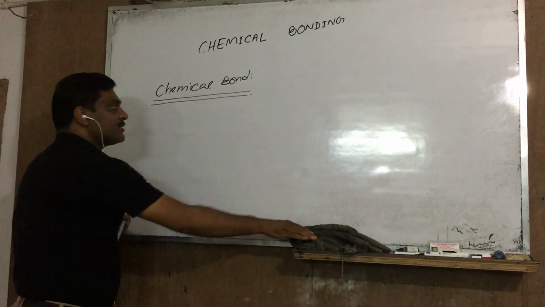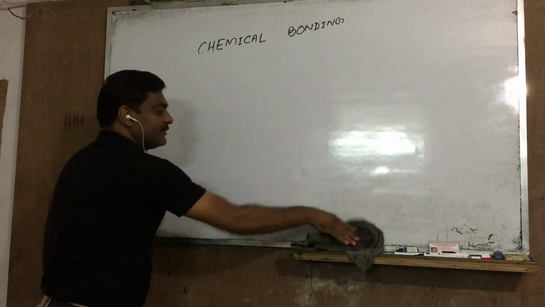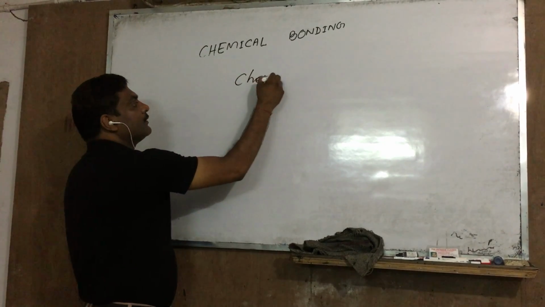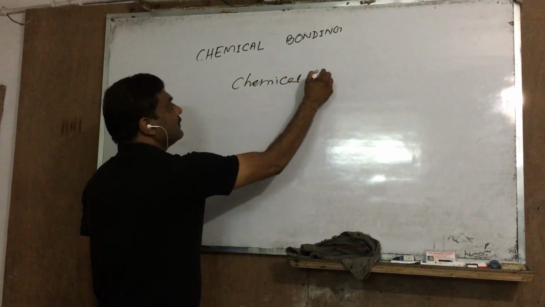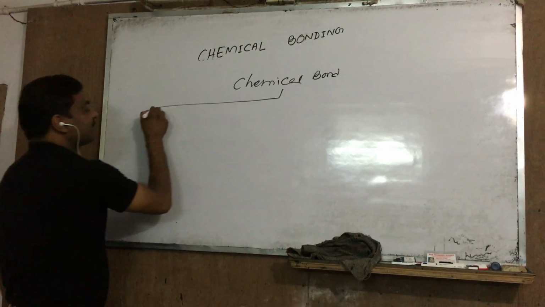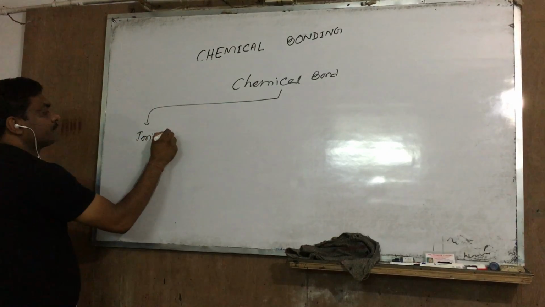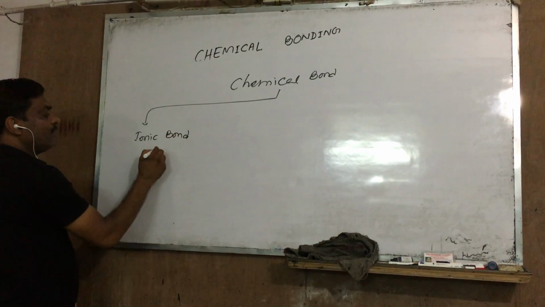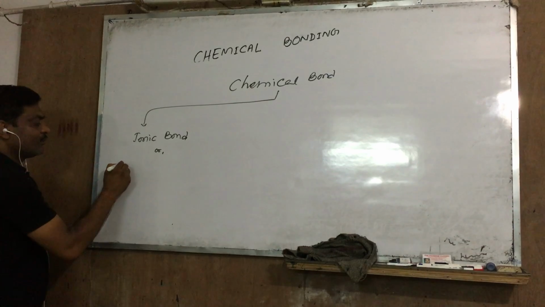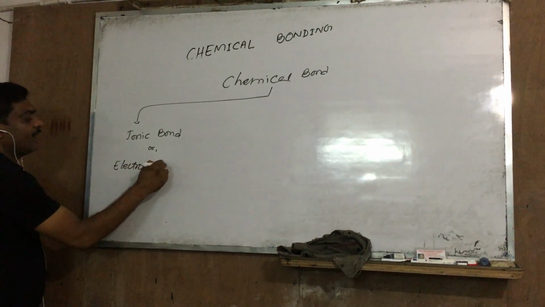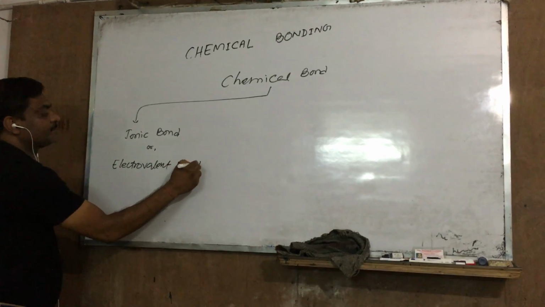So chemical bond is of three types. One is ionic bond, also known as electrovalent bond.